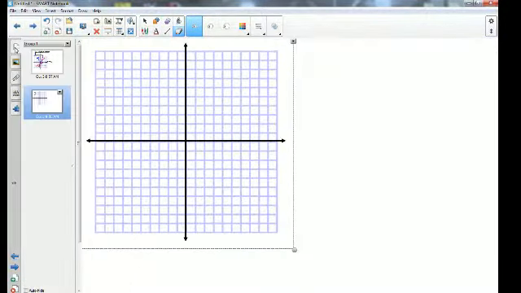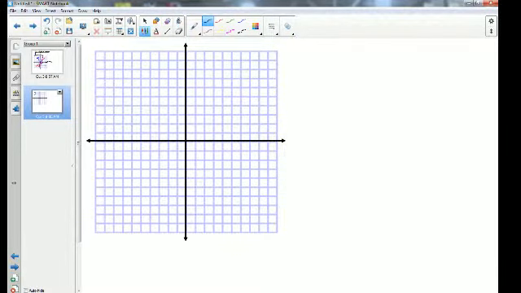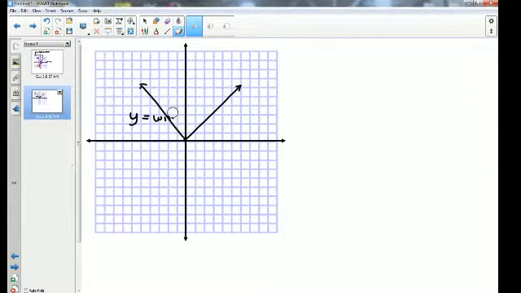Okay, we got a few more here. What is that one? With the two things? Yes. Good. Absolute value. Yes. Okay, thank you for using the right math.